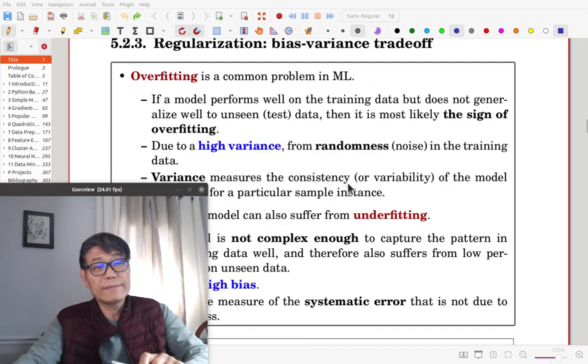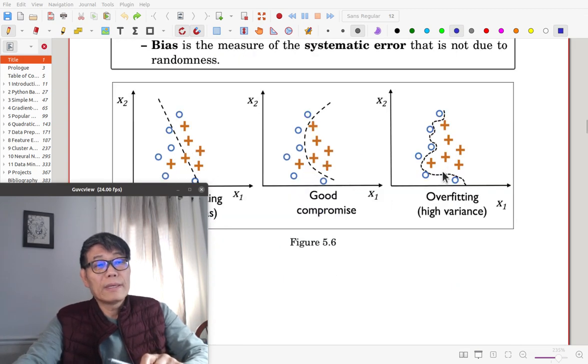Look at this figure. Now, this point may be noise. However, now the model is overfitted.